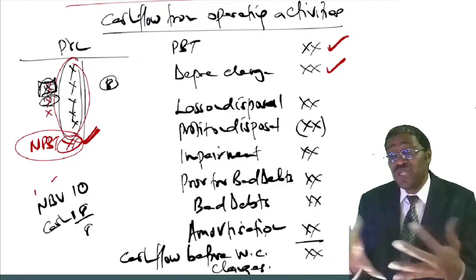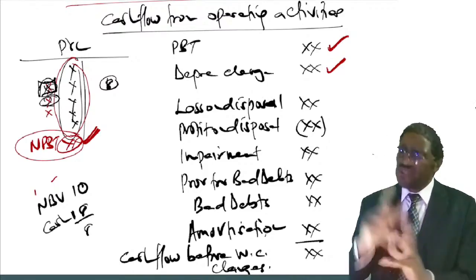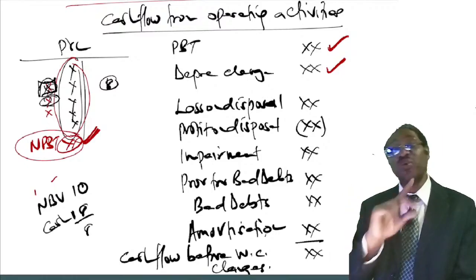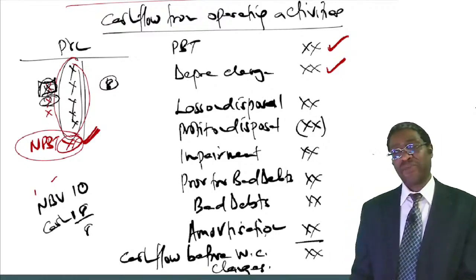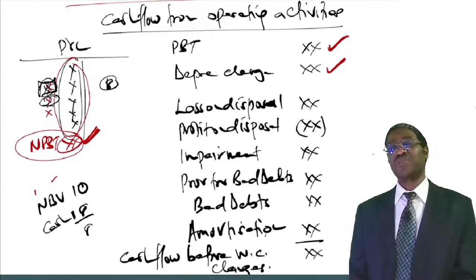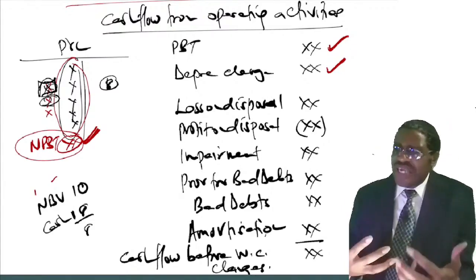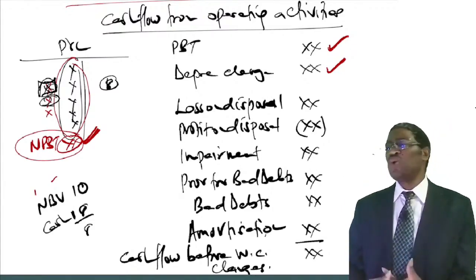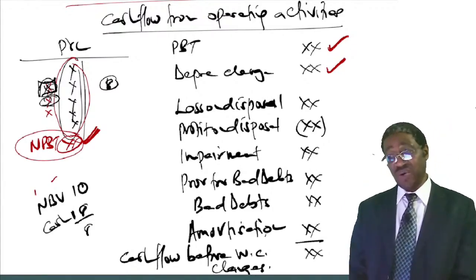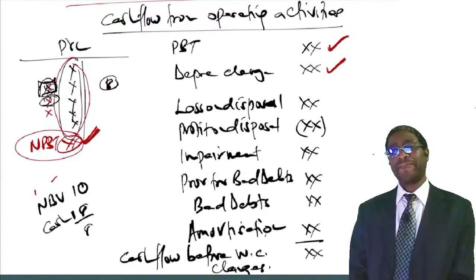It depends on the question. But there are two non-cash items you will never miss. One is depreciation. Two, you have not given me. Try and remember which is this second non-cash item which you will always find in any question. Somebody try and remember now.